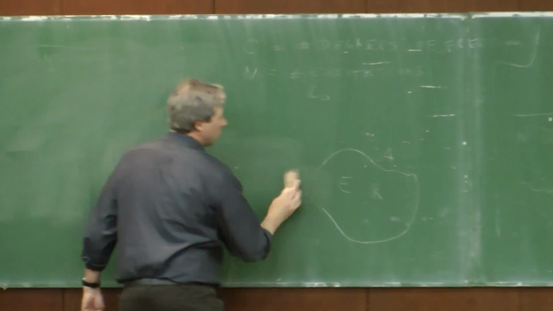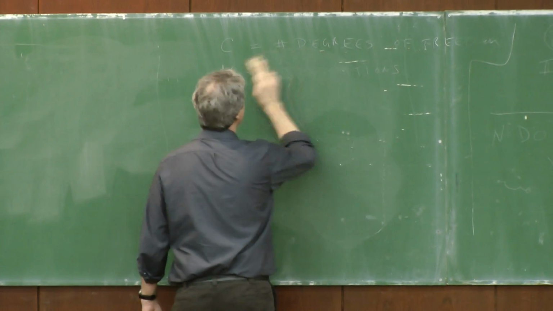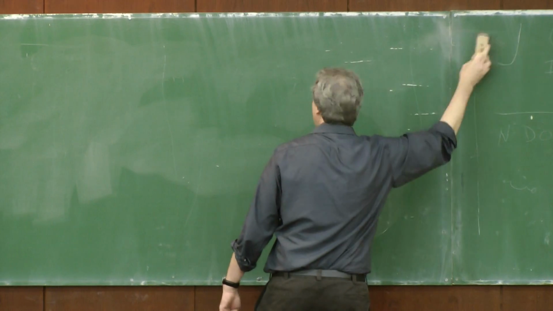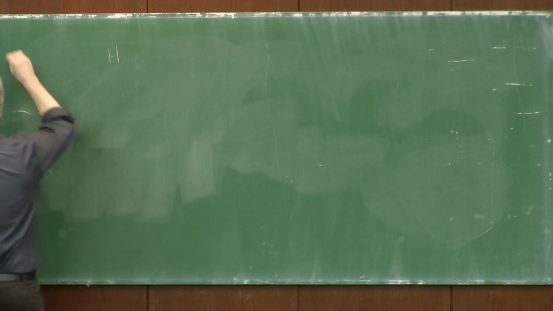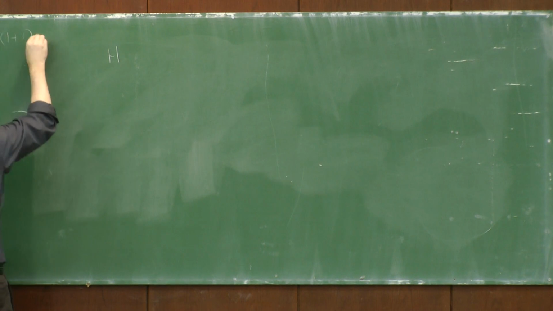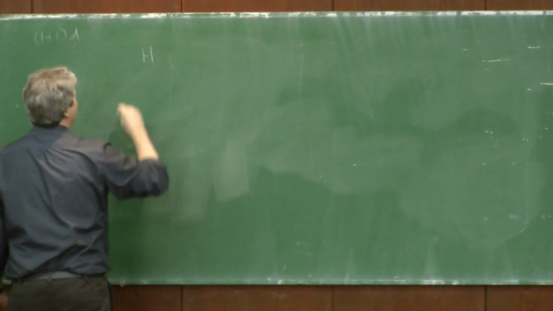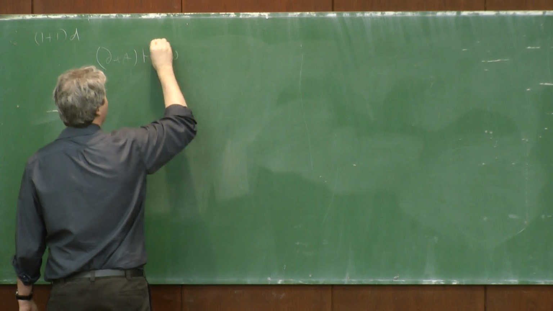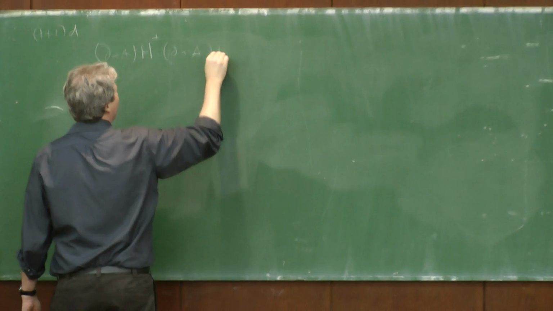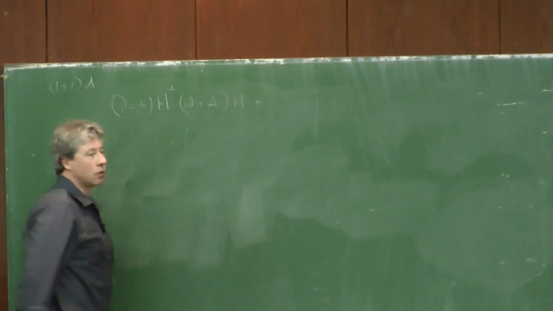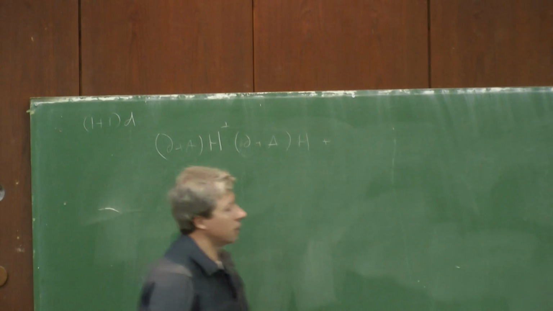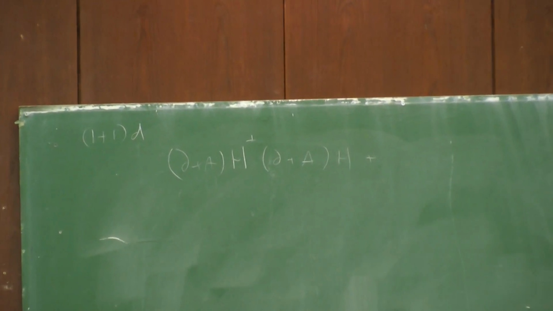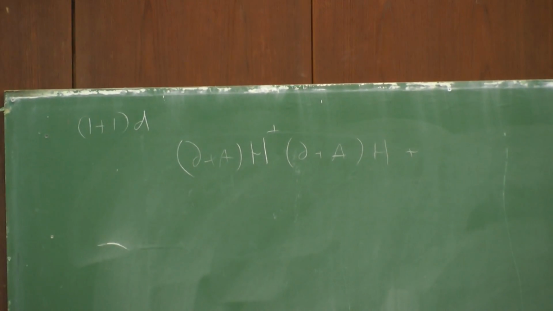I'm going to write down the full Lagrangian of this system, at least schematically. So it's going to be a 1+1 dimensional Lagrangian. There's going to be kinetic terms for the H fields, and there's going to be a gauge field that's coupling to the U(n) symmetry on it.